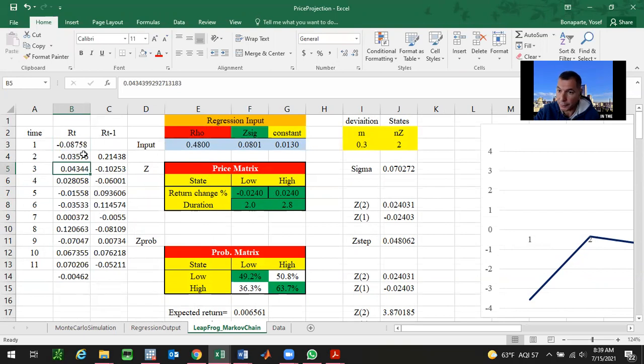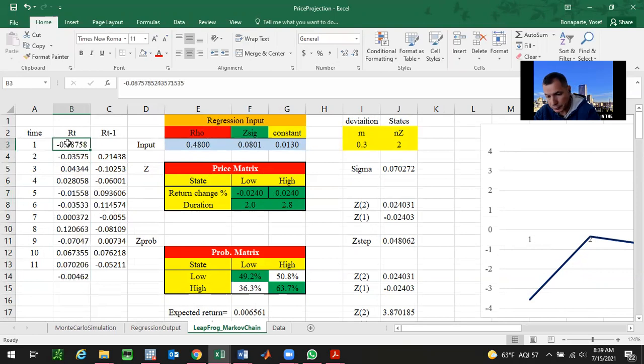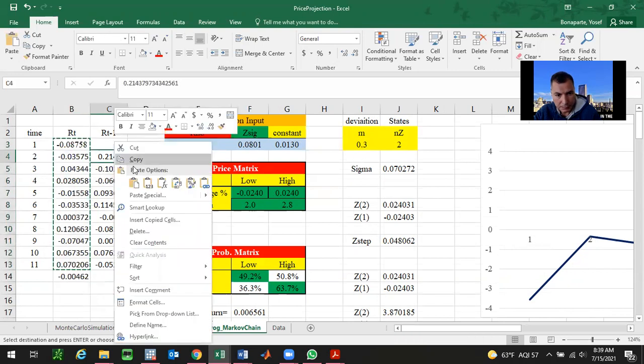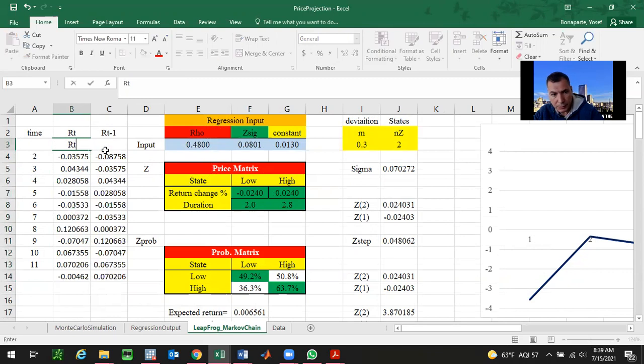Well, this is the previous one. So what we do, we copy those, and then we paste them here. Right click. Now this is going to be RT, and this is going to be RT minus 1.